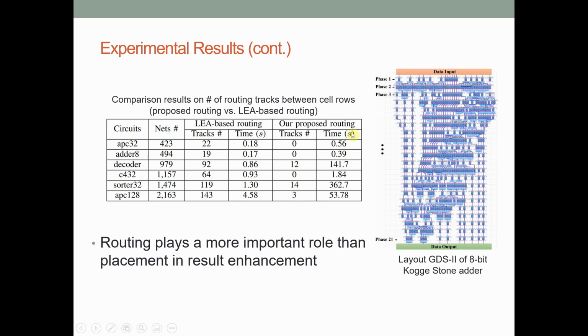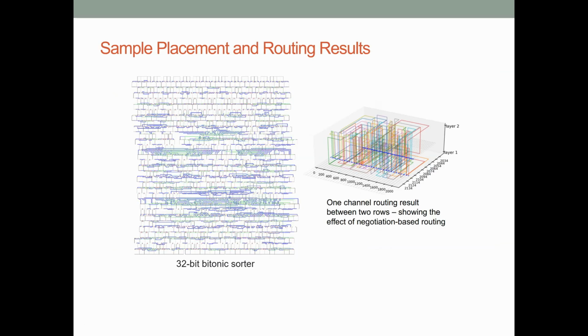But the maximum routing time is about 6 minutes, which is quite good. Our negotiation-based routing algorithm can significantly reduce the number of routing tracks. So routing plays an even more important role than placement in the result enhancement.